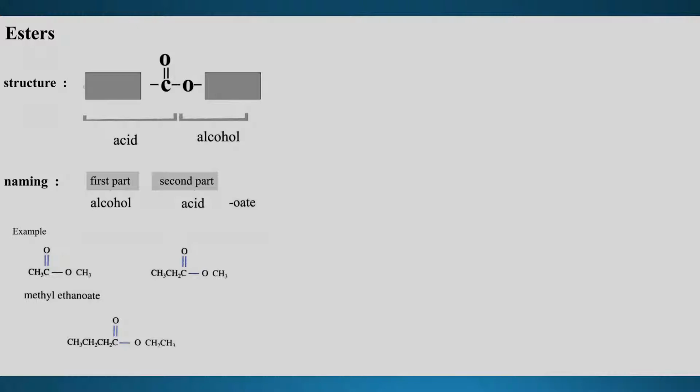Methyl ethanoate. Another one: acid part, double bond O, 3C acid, 1C alcohol. Naming rule, alcohol first: methyl propanoate.